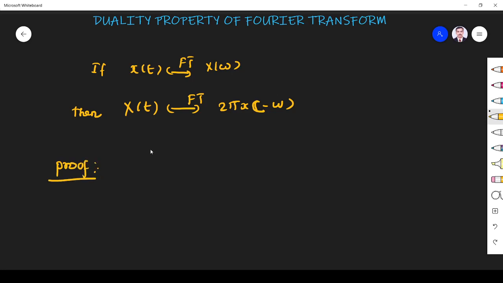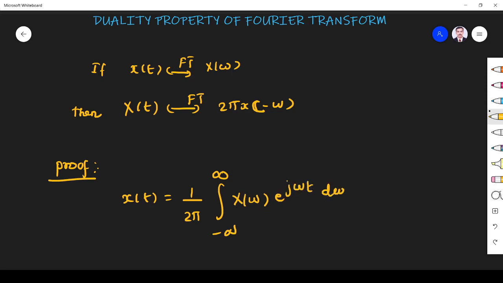Let us start with the inverse Fourier transform equation. We know that x of t, the inverse Fourier transform, is given by 1 by 2 pi integral from minus infinity to plus infinity of X of omega e power j omega t d omega.